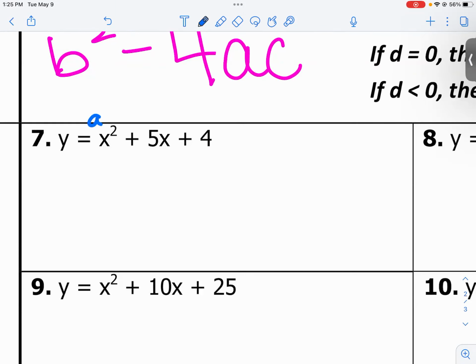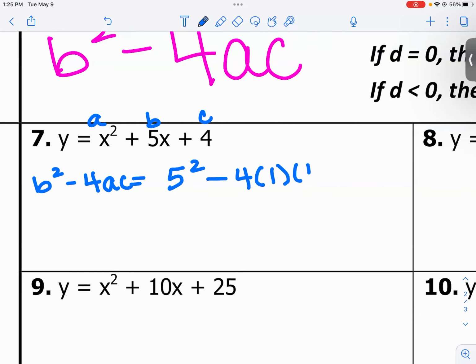So here is A, B, C. So B squared minus 4AC would be 5 squared minus 4 times 1 times 4. Just hold on, one step at a time.